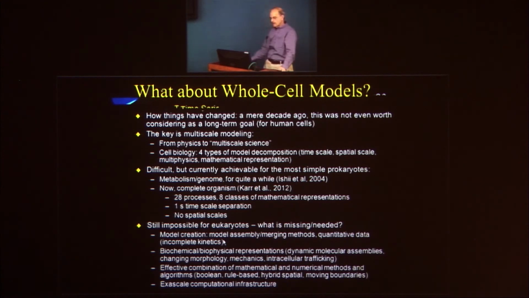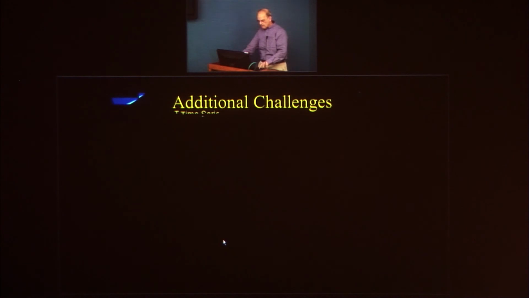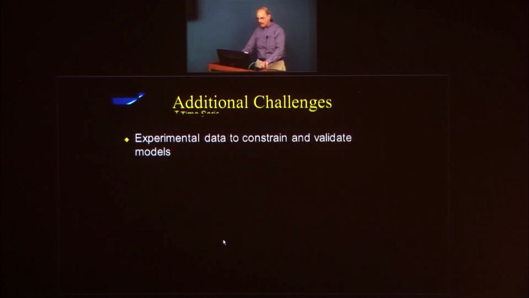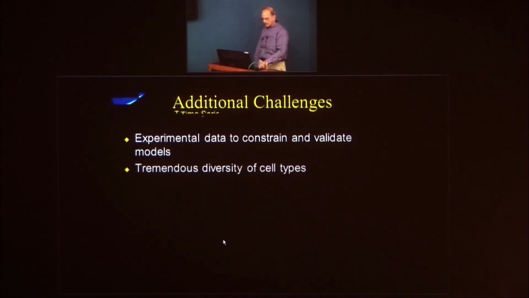These are things that aren't very often considered in systems biology, but clearly are central to the actual function of real cells. Additional challenges are, obviously, we've been talking about all day how we need lots of experimental data to constrain models, and also experimental data that would be driven by the models and that would be used to validate models.